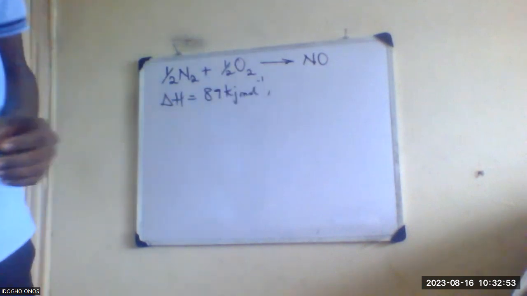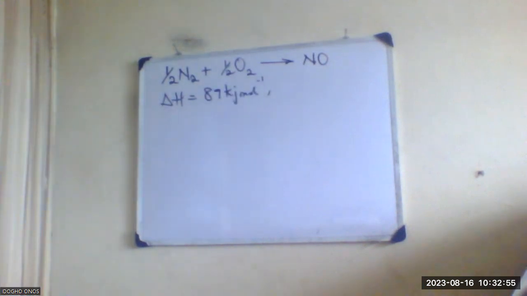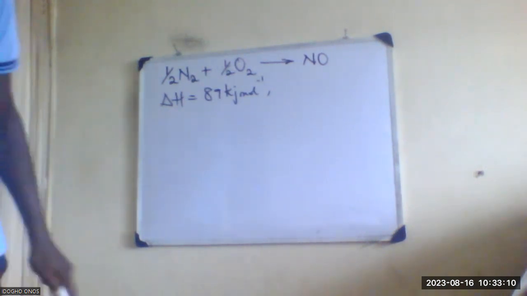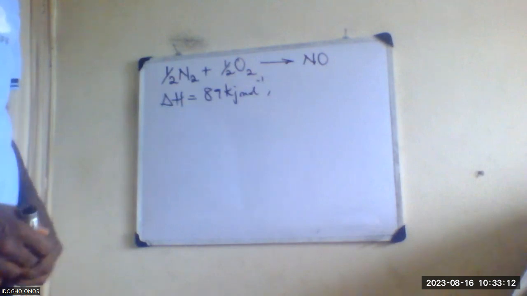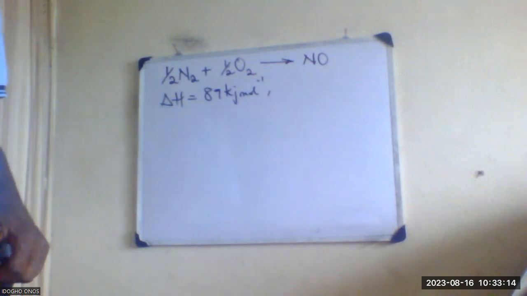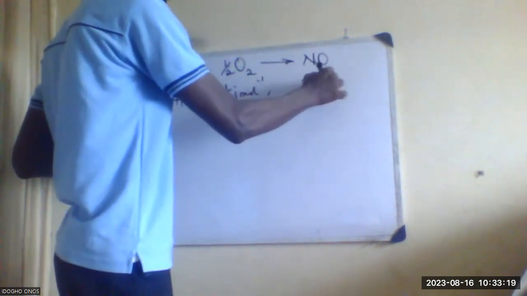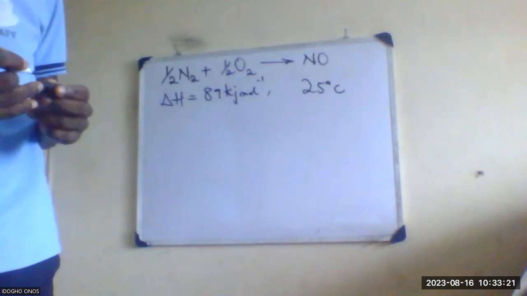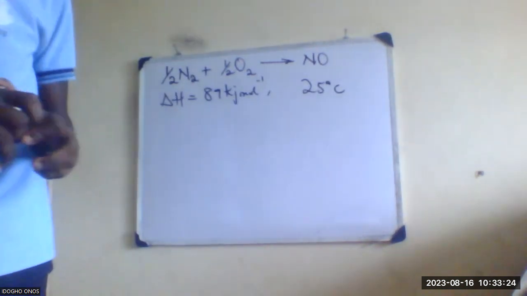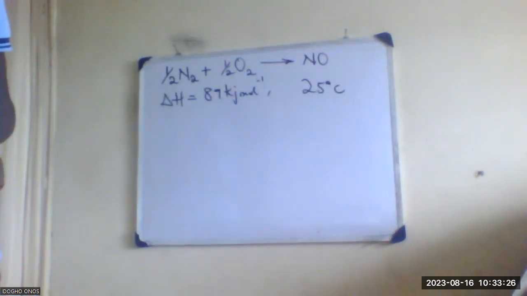The entropy change for the reaction above at 25 degrees Celsius is 11.8 joules per Kelvin per mole.